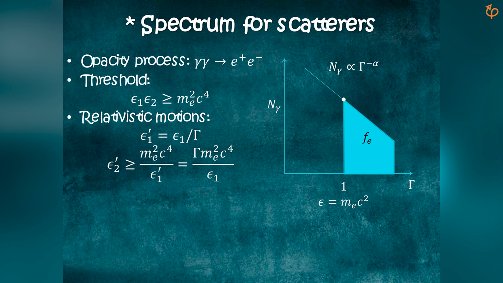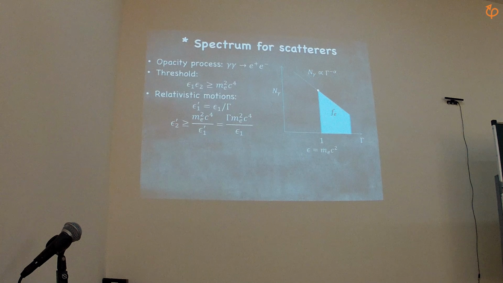What does it mean about the energy of the other photons that can create pairs within? What does it tell us about that energy? That it needs to be multiplied by gamma. If the energy of the first particle is m_e c squared divided by 10, the energy of the second particle is m_e c squared times 10.